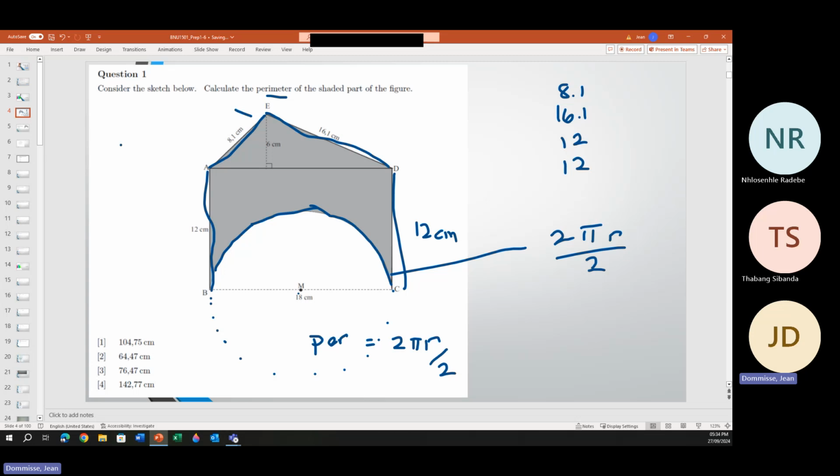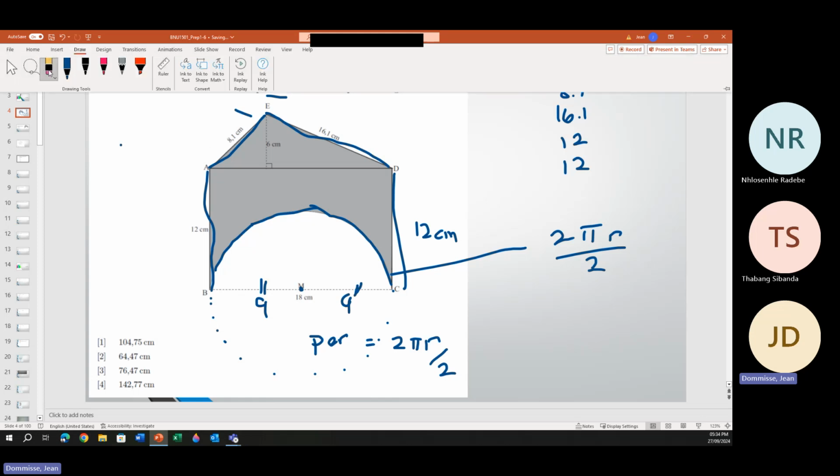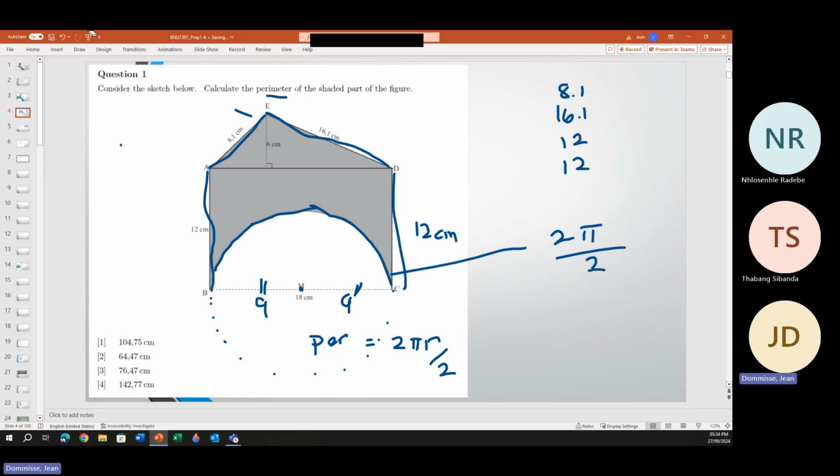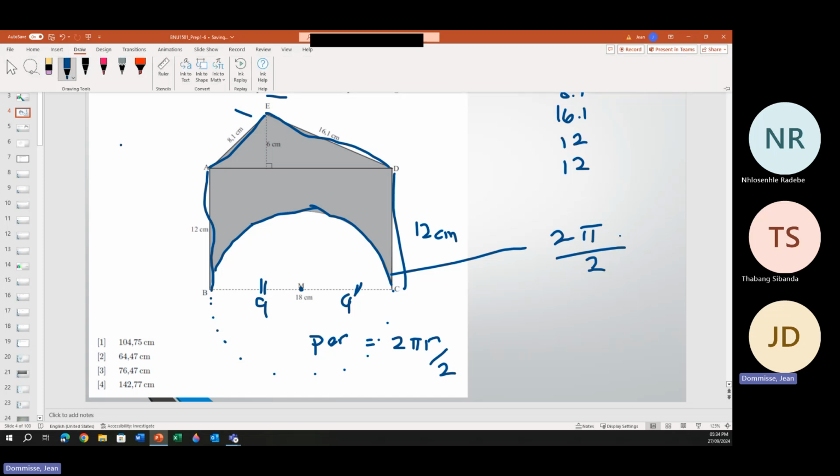And then if we know that the length of that is 18, halfway through that will be 9, so we know that the radius is 9. So we can substitute the radius with 9.